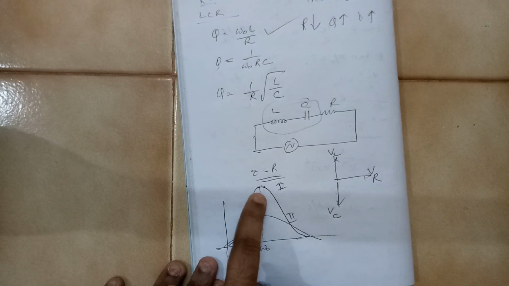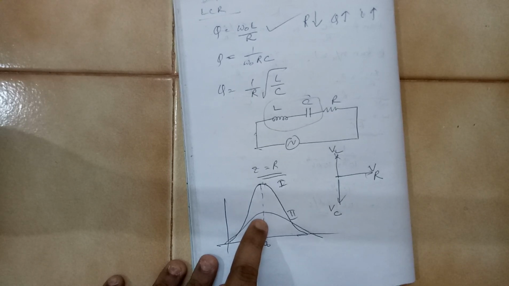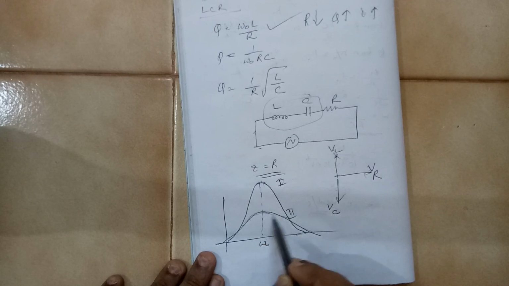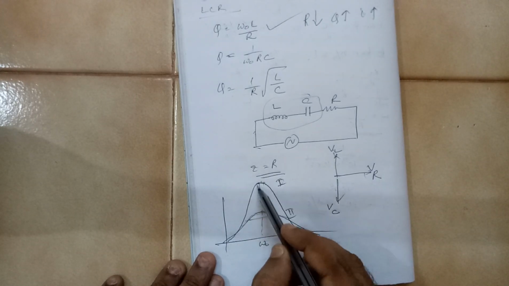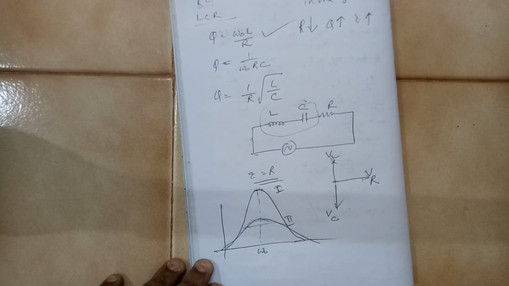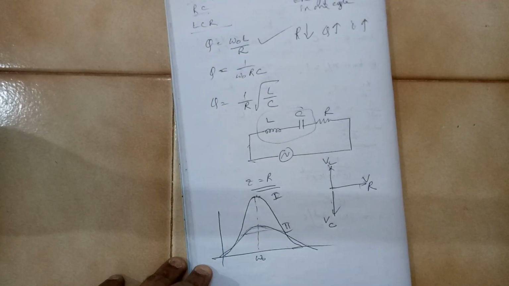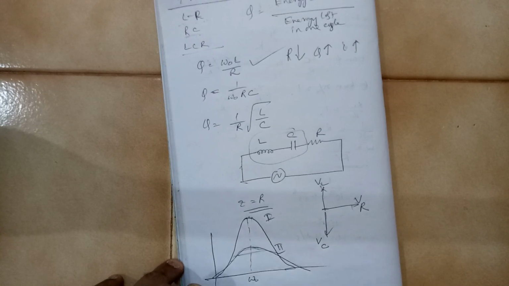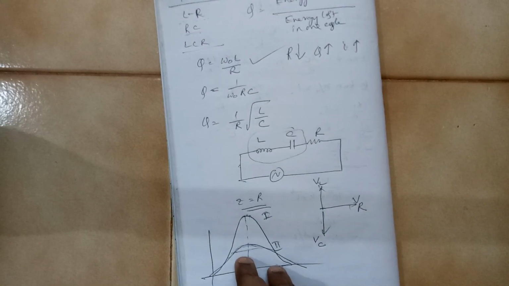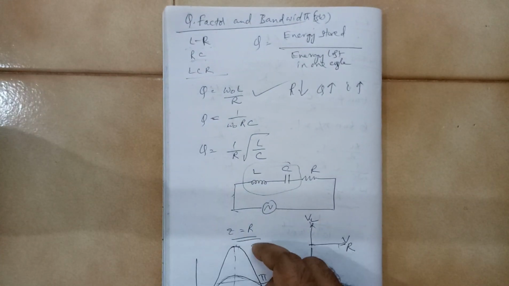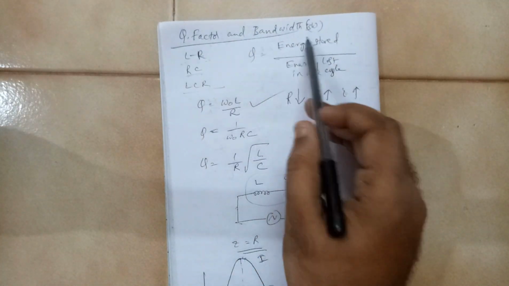You will find tuning this one easier than this one, because the peak value continues for a certain zone, but here it reaches the peak and there is a sudden fall. So quality factor also helps you identify a better circuit, which can be easily tuned. This is the practical thing about quality factor, and it can be obtained by these three equations.